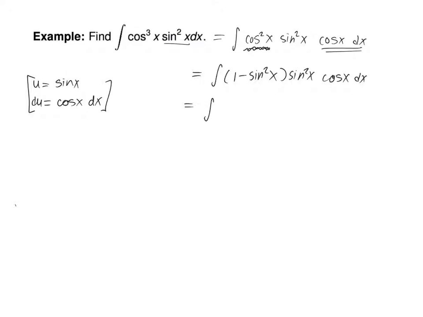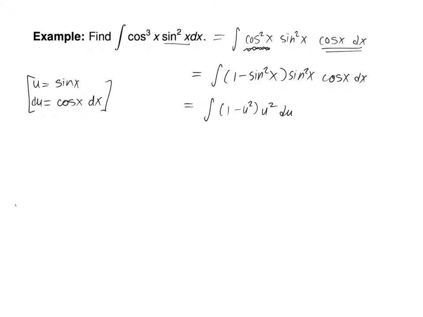So this becomes the integral of 1 minus u squared times u squared du. And there does not exist a product rule for antiderivatives. Yeah.